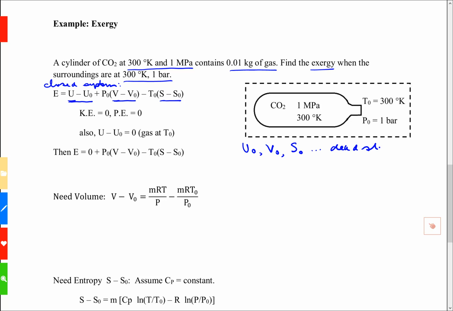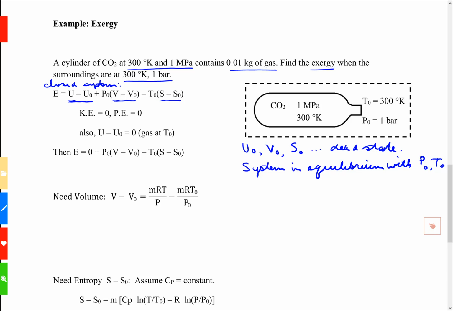And the dead state is defined as a sort of thought experiment, where the system were allowed to come into equilibrium with the surroundings at P0 and T0. So that's our comparison.